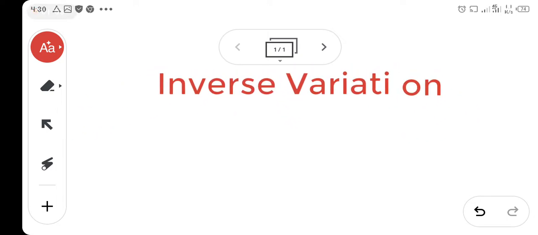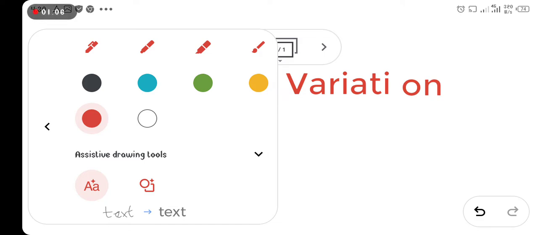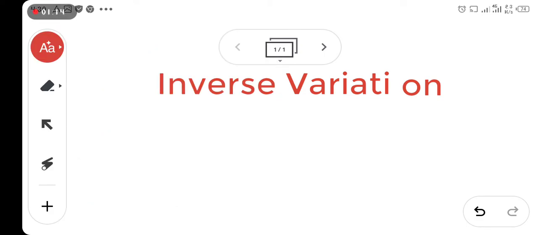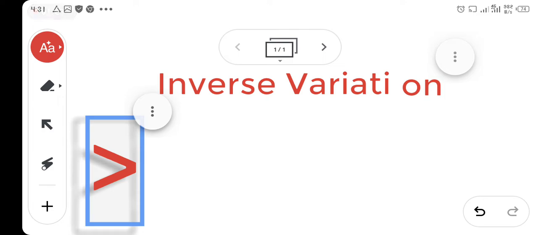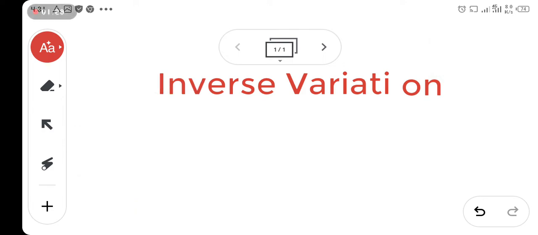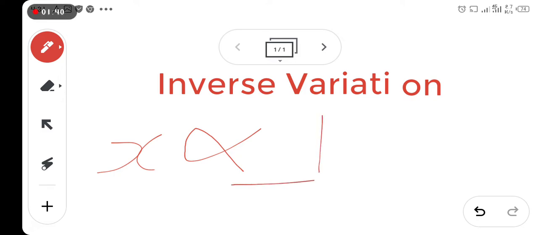Inverse variation. Now if I say that x varies inversely as y, this is how I write it. x varies inversely as y. x varies, I'll use my varies symbol, as 1 over y.